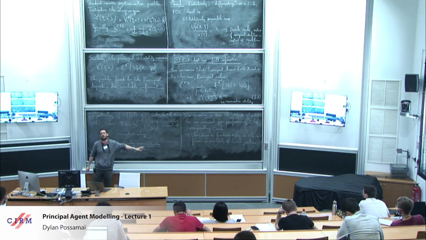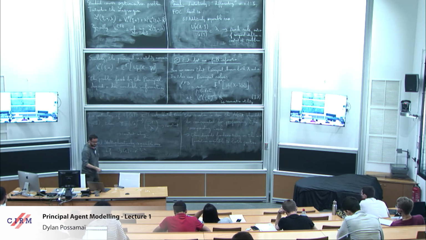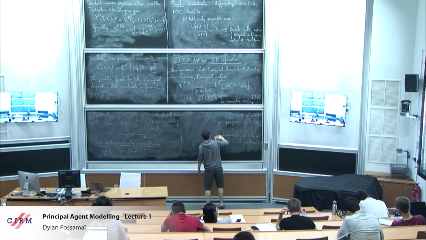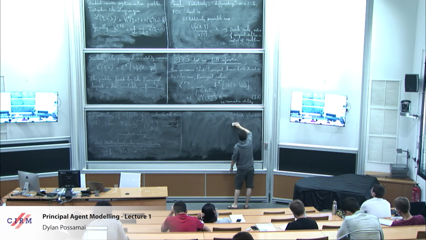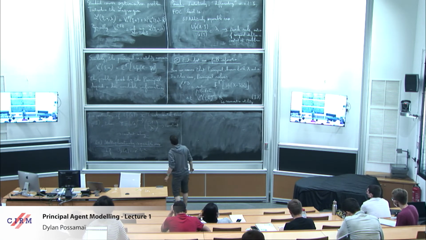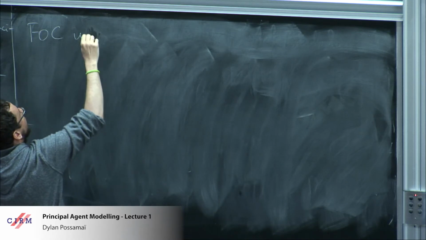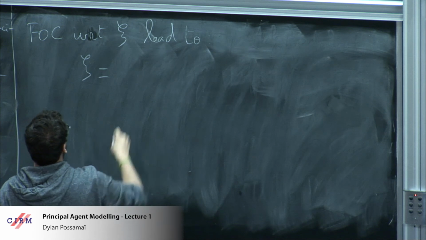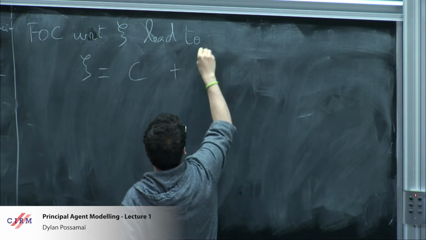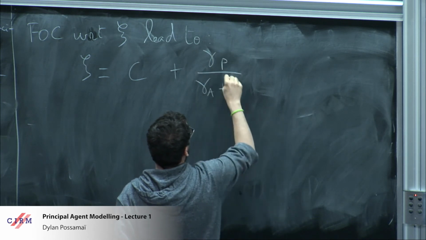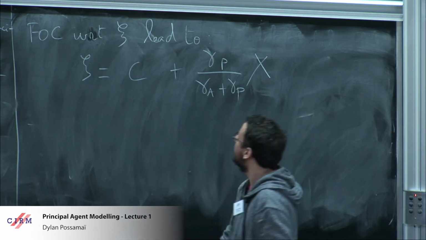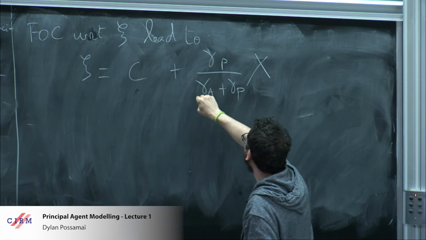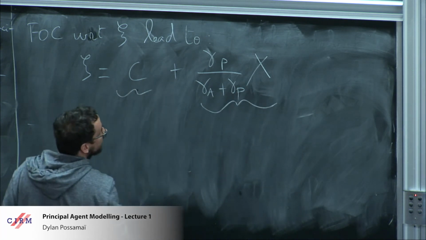The risk aversion that he has may be different from that of the agent, but if they both have exponential utilities, you can do exactly the same computations, and you will find that again, first order conditions will lead you this time to psi being equal to some constant plus... So this time you have a fixed part exactly as before, but there is also a part of your salary that's indexed on X.